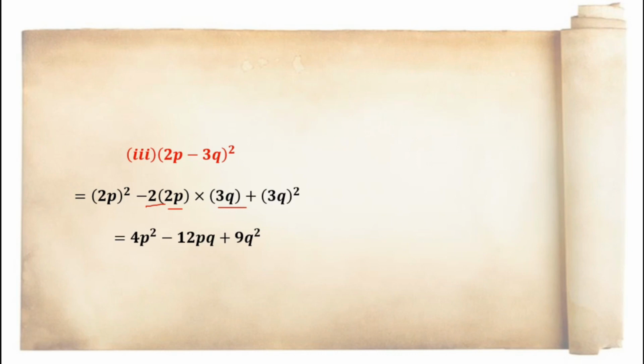So here you will see the step 4p raised to 2 minus 12pq plus 9q raised to 2, like this.